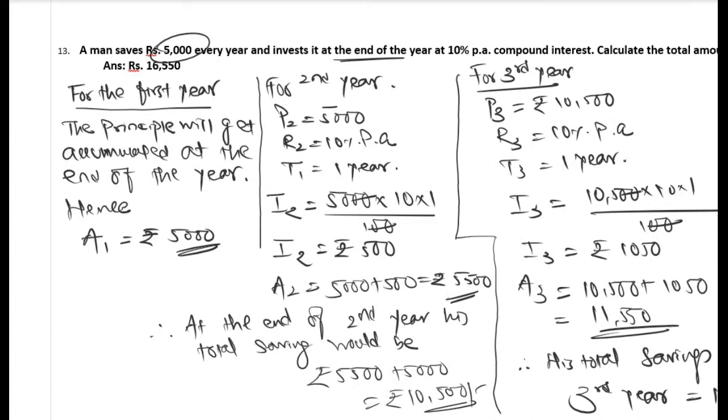But just keep this thing in mind, whether somebody is saving at the beginning of the year or at the end of the year, it will always affect the principal for the next year, that is the second year or the third year, because that saving will be added at the end of the year or beginning of the year, and that will become the new principal, like how we did in Mrs.